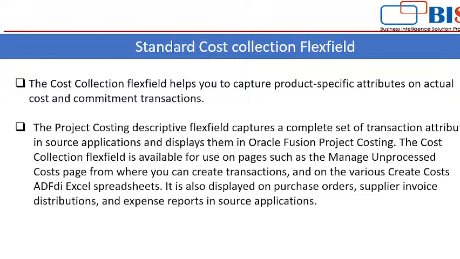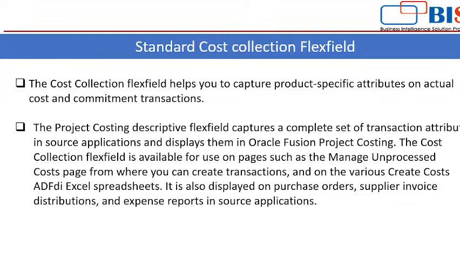The cost collection flex field is available for use on pages such as the manage unprocessed cost page from where you can create transactions, and on the various create cost ADFDI Excel spreadsheets. It is also displayed on purchase orders, supplier invoice distribution and expense reports in the source application.